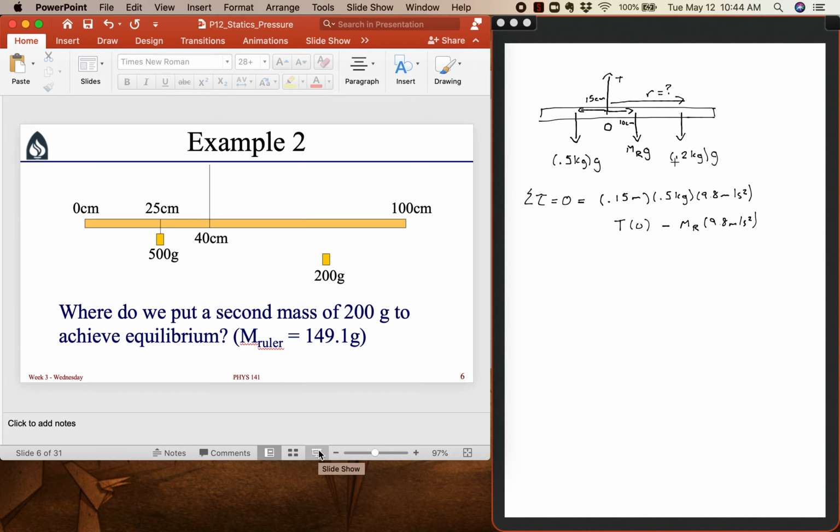So the last force I have to look at is this one here, and let's see, that torque, well, I don't know what the moment arm is. I'm calling that R. So I have R for the moment arm. The amount of force is 0.2 kilograms times G, which is 9.8 meters per second squared.